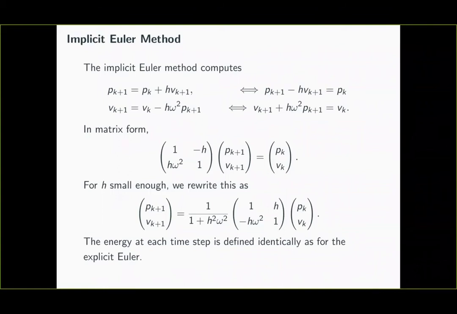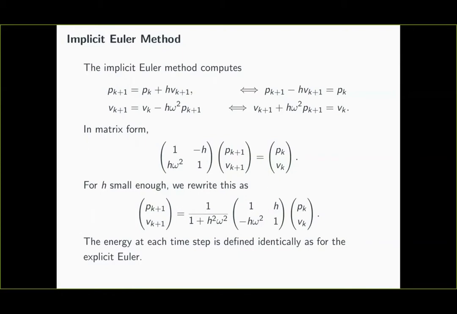Now in this particular case, these two equations can be rewritten so that we have an explicit formula for p_{k+1} and v_{k+1} in terms of p_k v_k. Namely, I pull all the new variables on the left-hand side, so the two equations become p_{k+1} minus h times v_{k+1} equal p_k, and v_{k+1} plus h times omega squared p_{k+1} equal v_k.